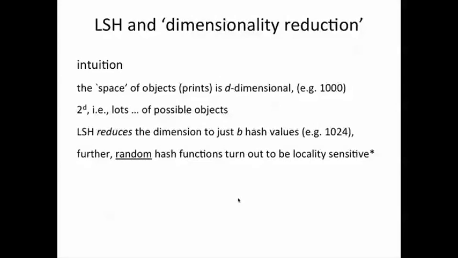Now, this is a very deep idea that random choices and random functions actually work really well, and we won't delve into why that happens right now, but that's another important intuition. As a result, similar objects map to similar hash values.